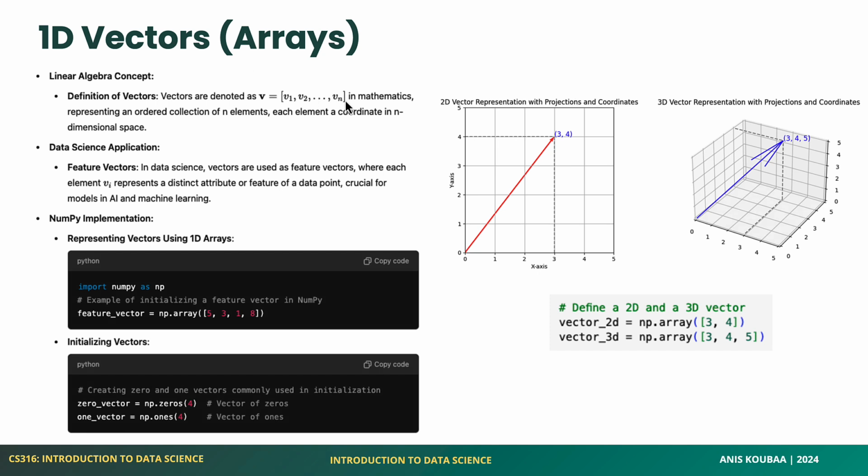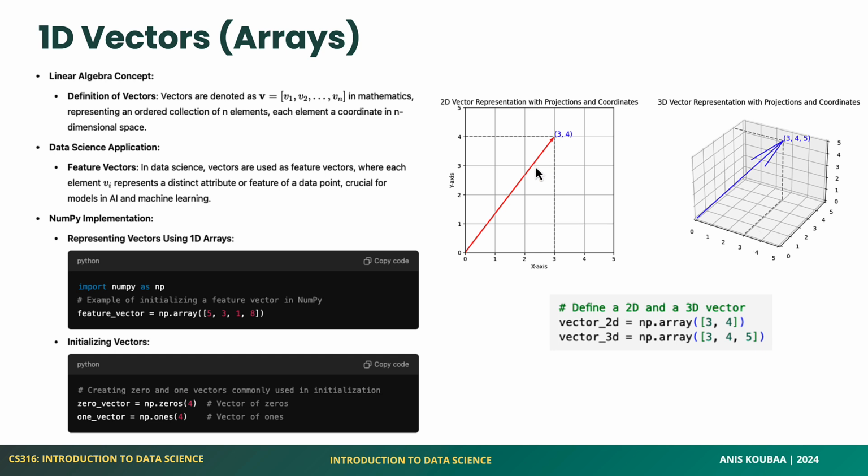Let's take the simplest case of representing a vector in a two-dimensional space. The vector will be expressed by two coordinates, x and y, and this is the vector representation, right? From 0 to the coordinate over here. And we can do the same thing also in three-dimensional space, like here. So this is a vector, x equal to 3, y equal to 4, and z equal to 5.